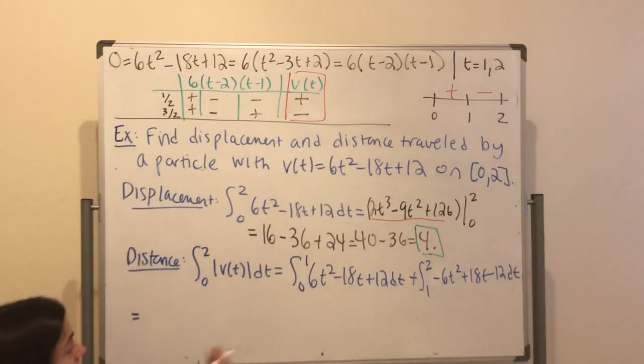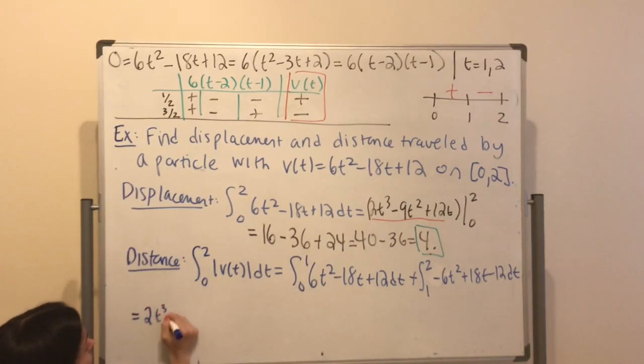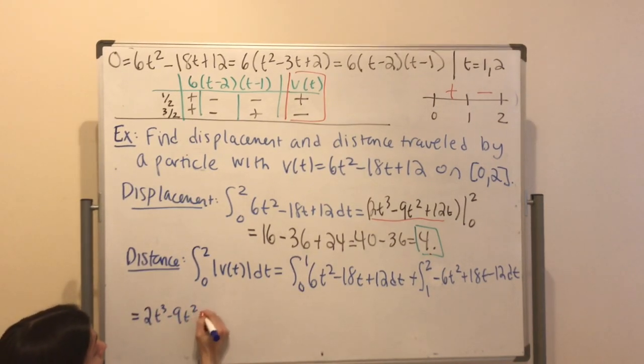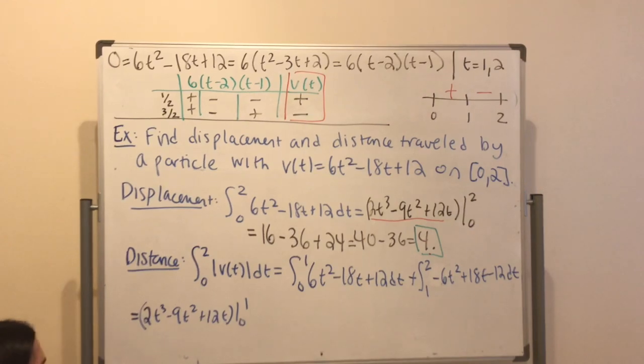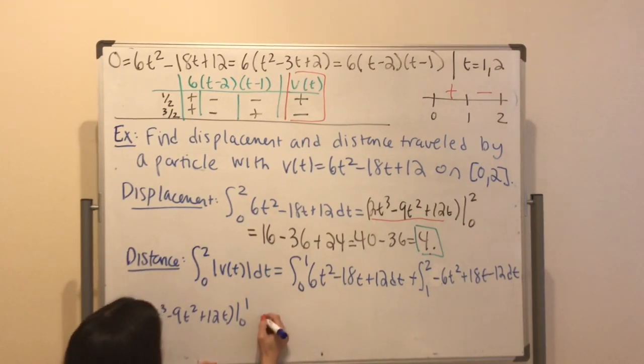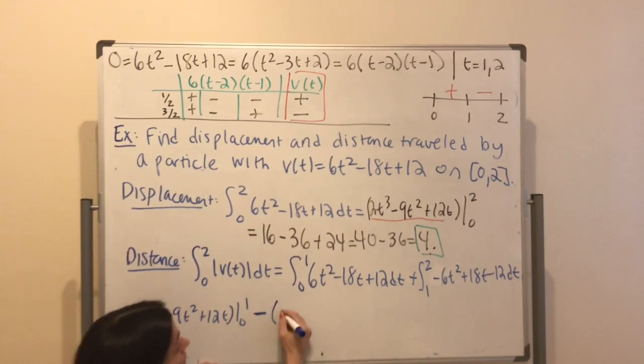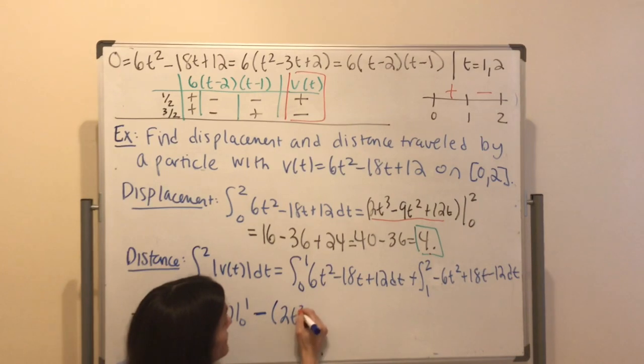But in any case, this one, I have my antiderivative, or I could integrate again from 0 to 1. Okay, and then here, maybe now I will factor out the minus so I can just use the same antiderivative.